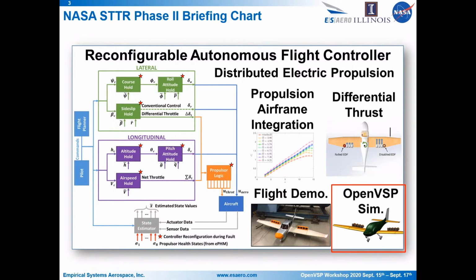What's also unique about this is the propulsors themselves will be used as control effectors in addition to conventional aerodynamic control surfaces. And so the controller will reconfigure around propulsors that are inoperable to still maintain effective control.